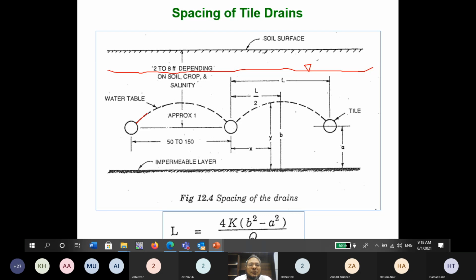Now this is the water table, it has come down, isn't it? So now this has come down quite a lot. This much the water table has gone down. All right. So this is the role of tile drains.